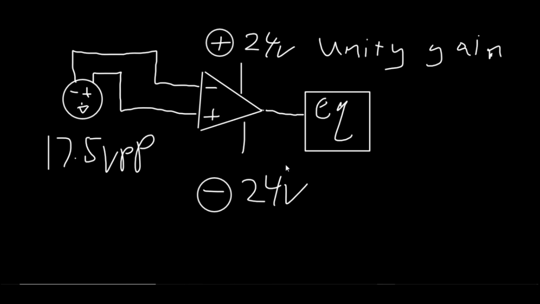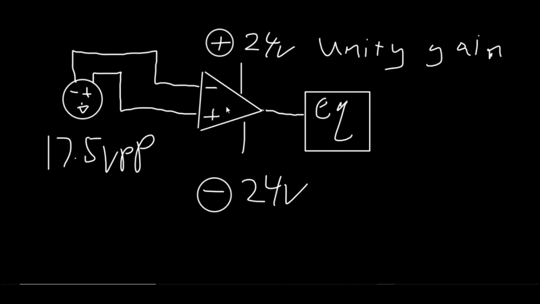But with an op amp, the input voltage that you're able to use will always be a little bit less than the supply voltage. So 24 volts is actually not too far away from 17.